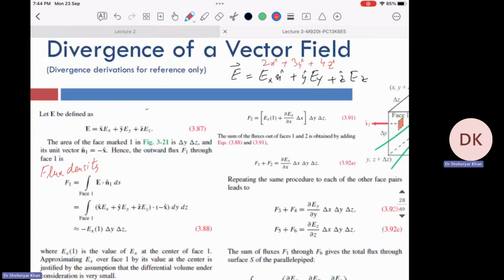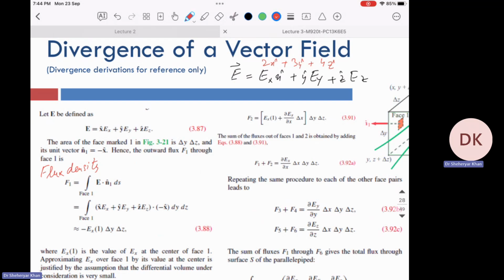So flux through phase 1 is equal to the electric field times the area. Now E, as I mentioned, is a vector. The normal direction is minus x, right? And what's the area? Of course, along this area, we have dy dz. That's very simple. We learned it in the coordinate system.